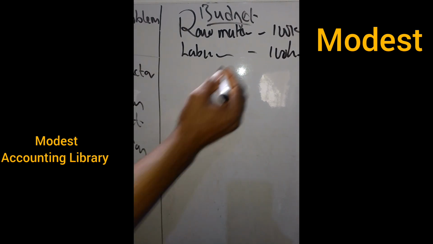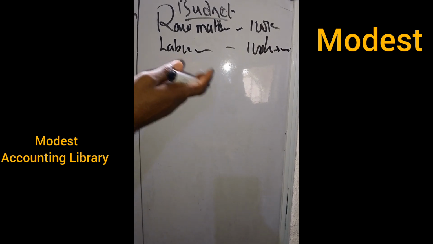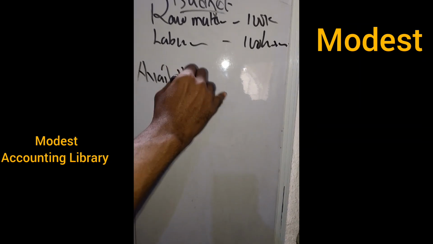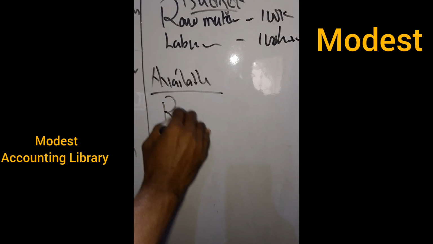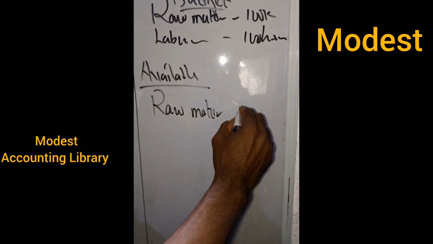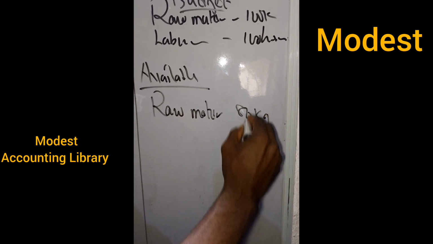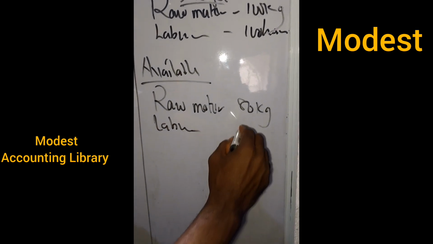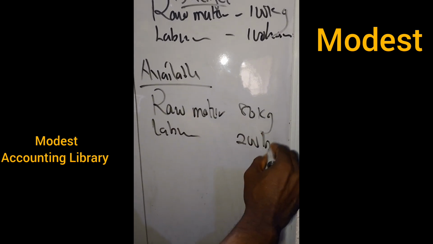This is what was budgeted for the production. But right now what we have available is raw materials of 80 kg and labor hours of 200 hours.